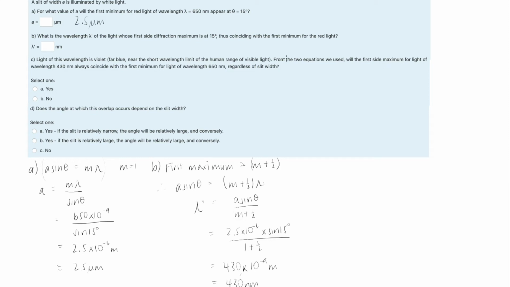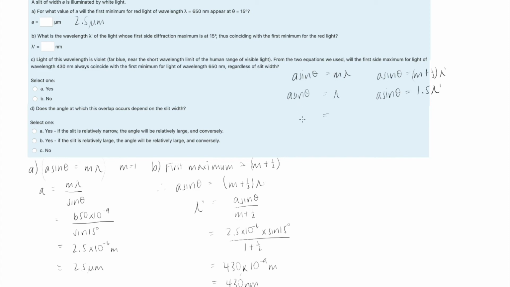So if we use our equations, we can say the minima occur when this is our equation. Maxima occur when this is our equation. Therefore, for the first minima and first maxima, we're going to get these equations.